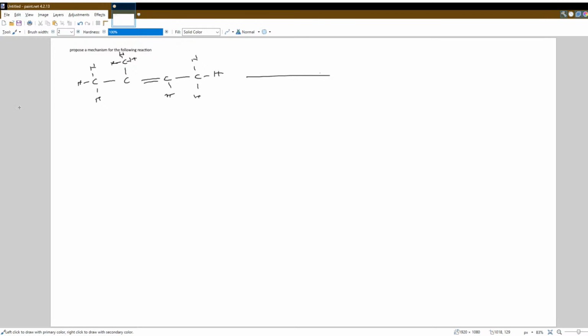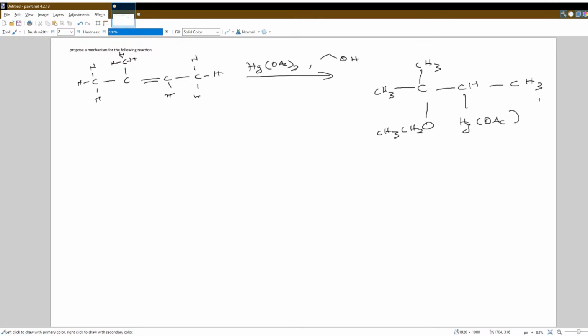And this reacts with the mercury acetate thing, as well as ethanol. And then that'll result in us getting a CH3 here, another methyl, with ethanol at the bottom, and the mercury acetate reforms. Okay, yes, 90% is this. I don't know what the 10% is, but whatever.